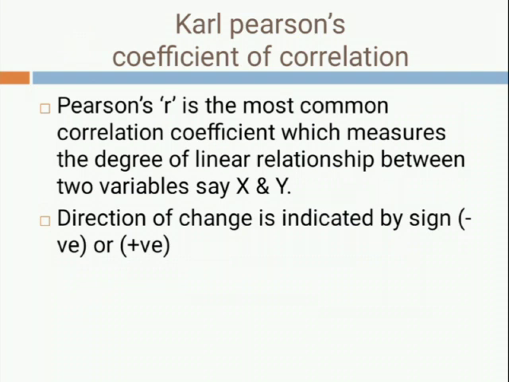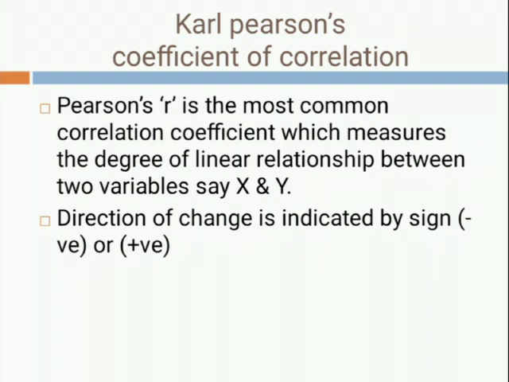Now coming to Karl Pearson's coefficient of correlation, r is the most common correlation coefficient, which measures the degree of linear relationship between two variables x and y. The direction of change is indicated by the positive and negative sign.